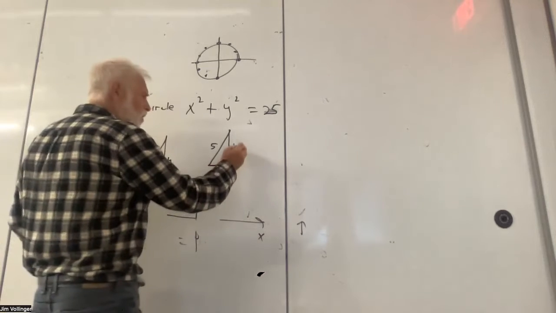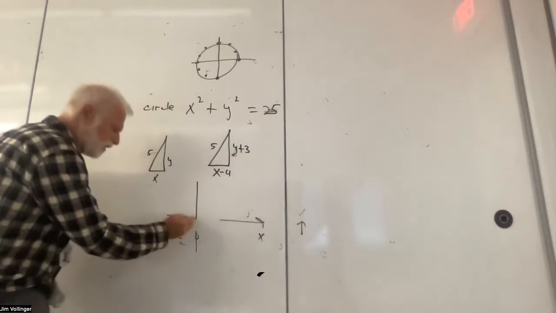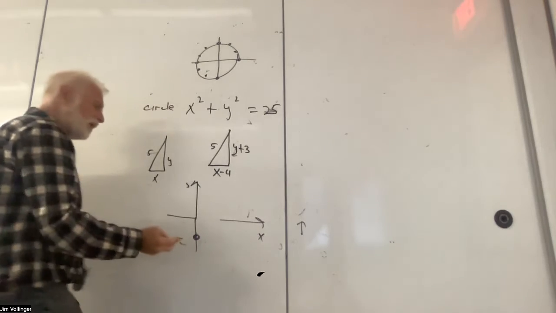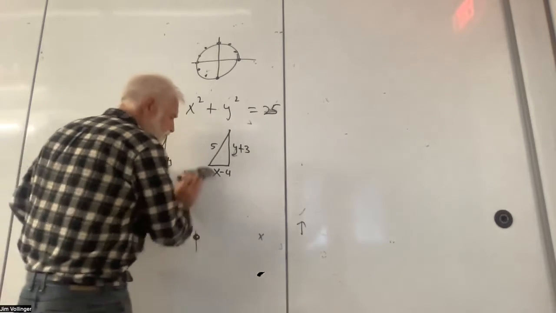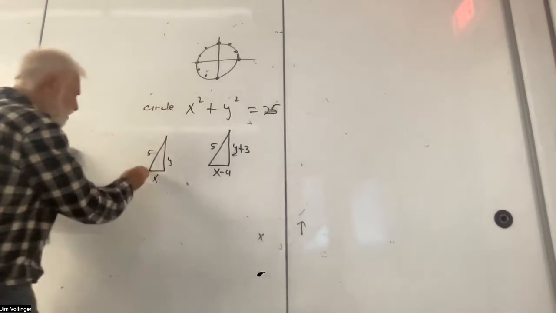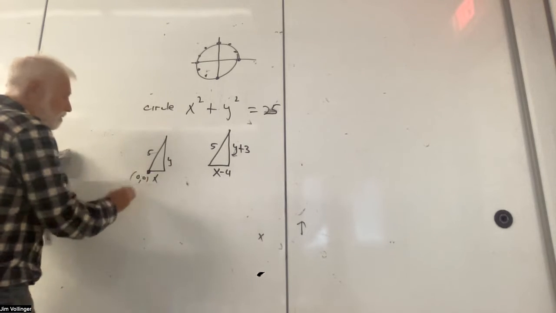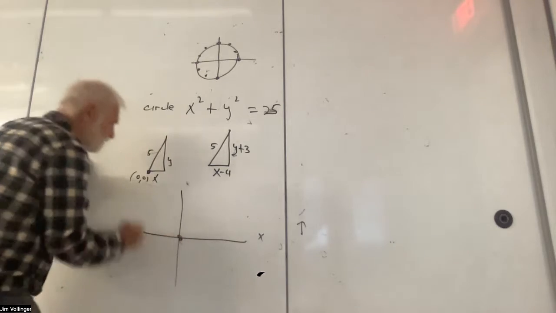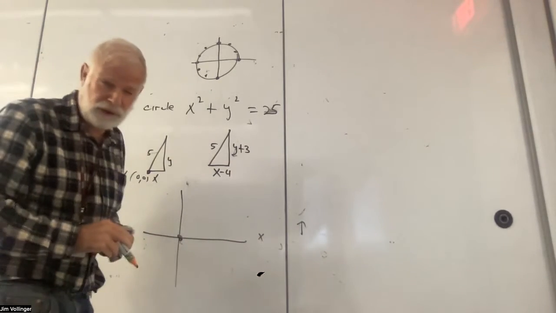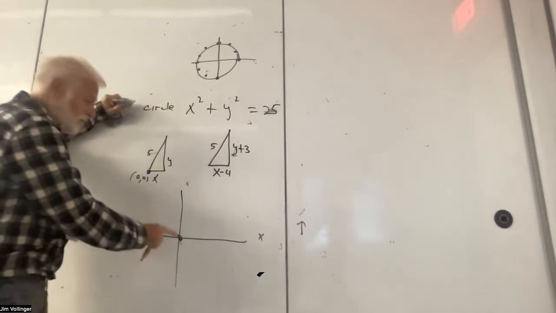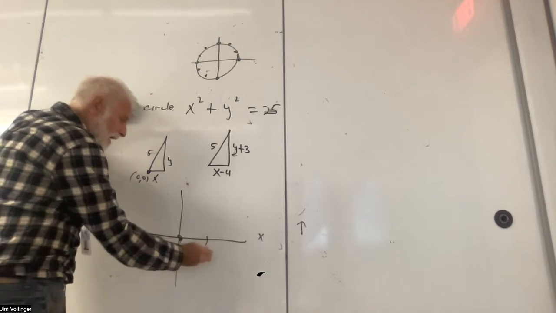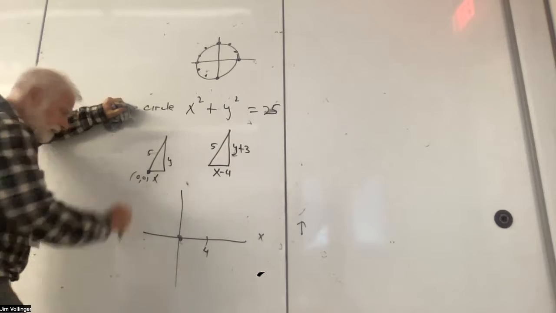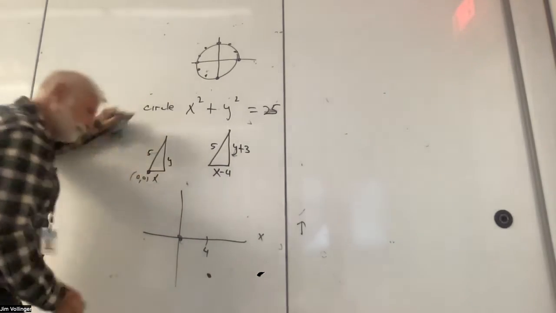And what if I said Y plus 3? Well, Y plus 3 is actually tacking on 3 units to the Y axis. And so what I've created is a new coordinate system where I'm measuring not from 0, 0, but from new concepts I'm putting in your head now. X minus 4 means that 4 acts like a 0, and negative 3 acts like this 0. So I'm down here now.